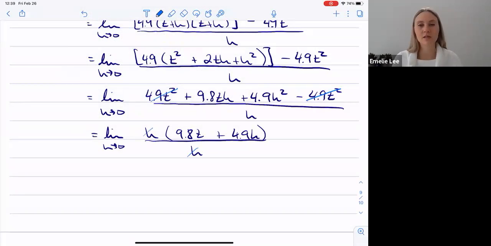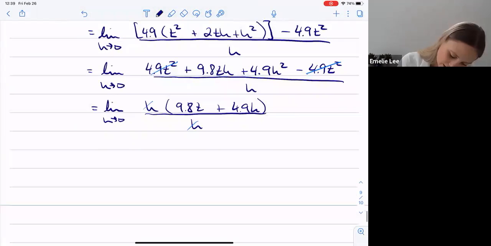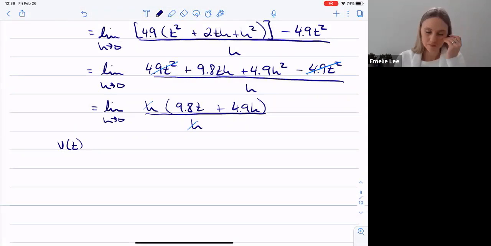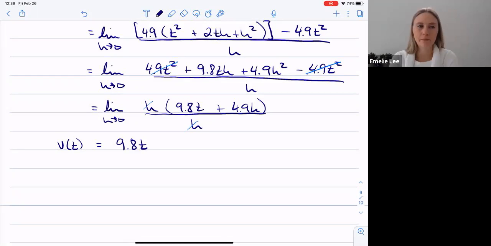Just highlight that those cancel. Now if I let h go to 0, I'm finding that the velocity at any time point t is going to be 9.8t.